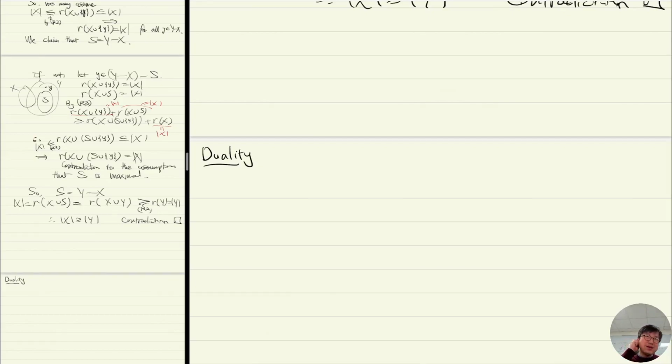So let me explain what the dual matroid is. Here is a theorem.